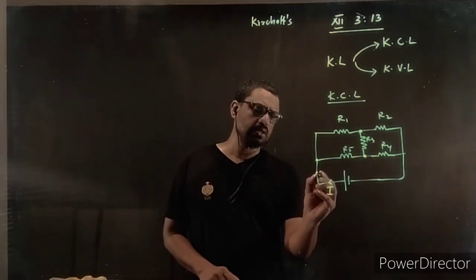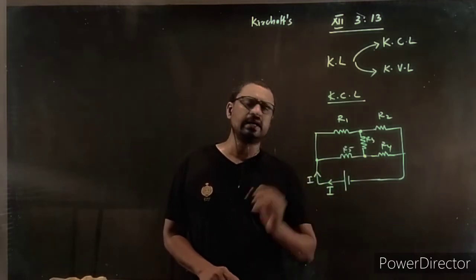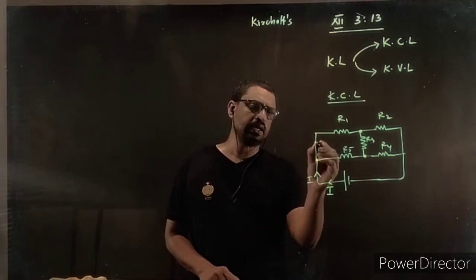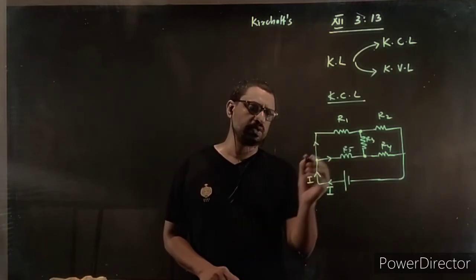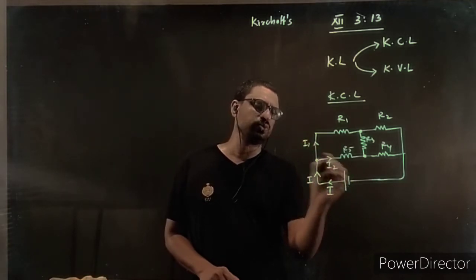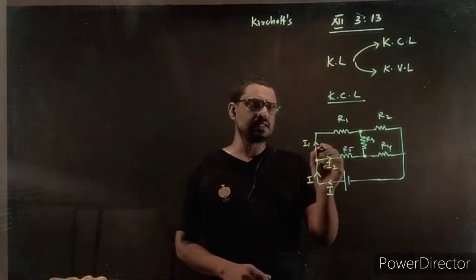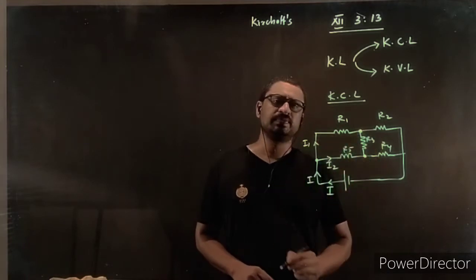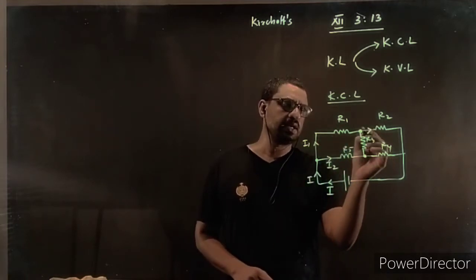Let me call the total current I. It comes here and splits into two at this junction. Let it be splitting as I1 and I2. And this I1 will enter this junction. There again it splits into I3 and I4.